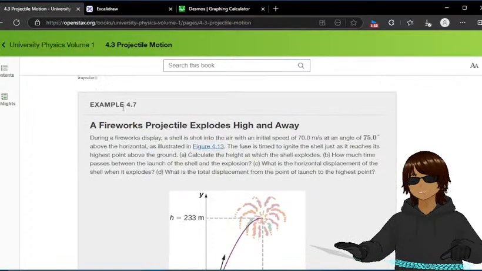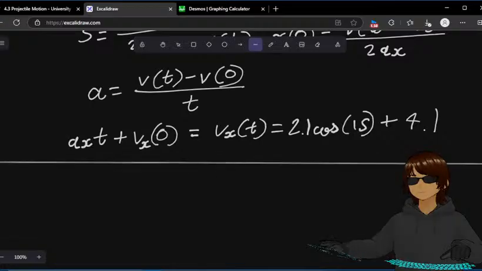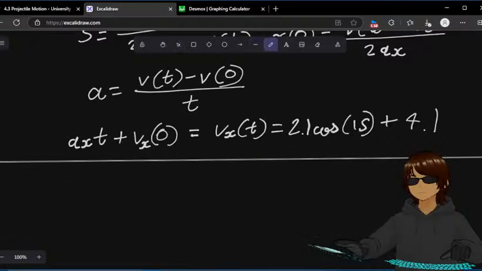Example 4.7. During a fireworks display, a shell is shot into the air with an initial speed of 70 meters per second at an angle of 75 degrees above the horizontal, as illustrated in figure 4.13. The fuse is timed to ignite the shell just as it reaches its highest point above the ground.